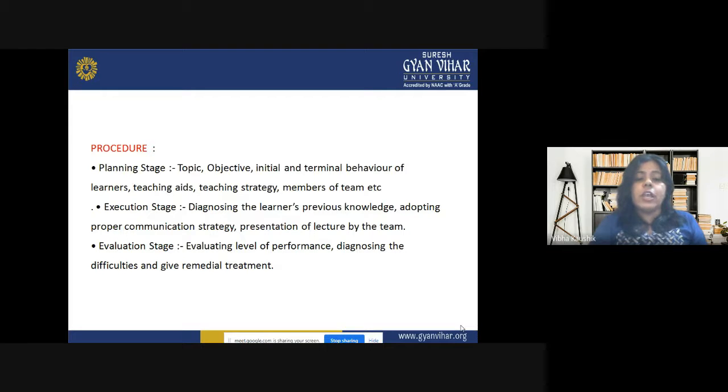Evaluation stage: evaluating level of performance, diagnosing the difficulties and giving remedial treatment. Evaluation stage includes how much the student has learned. Diagnosing the difficulties means we have to find out where the students are facing difficulties and give remedial treatment. On the basis of the diagnostic performances, we will be able to give remedial teaching to the students.